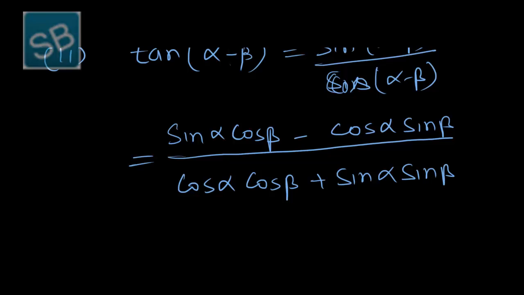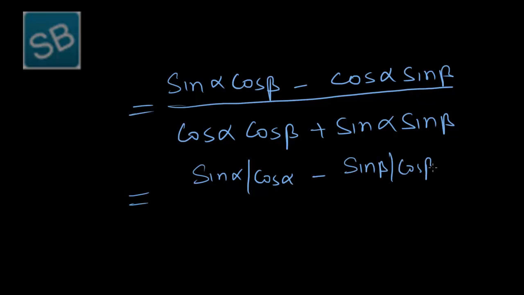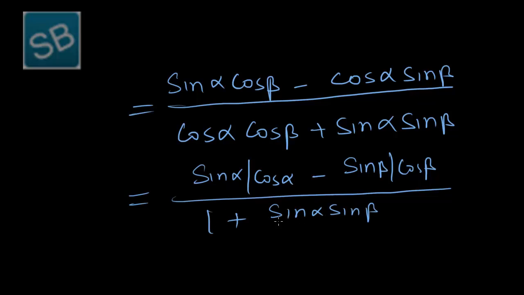So as we said in the previous topic, cos alpha and cos beta are not equal to 0 for the given domain. Therefore, dividing numerator and denominator by cos alpha cos beta, we get (sin alpha over cos alpha minus sin beta over cos beta) over (1 plus sin alpha sin beta over cos alpha cos beta).